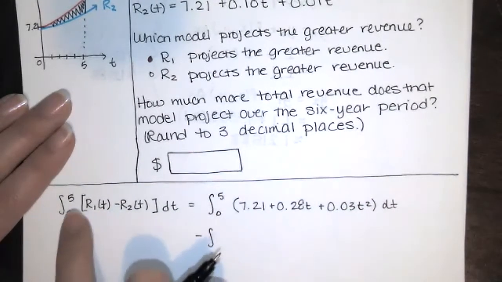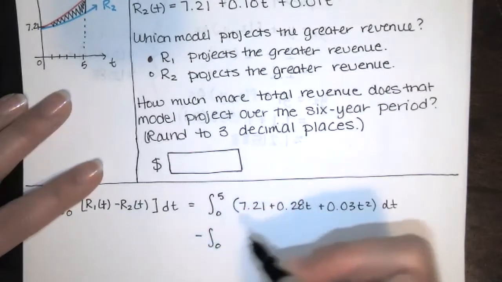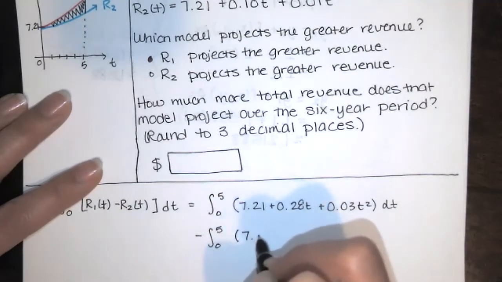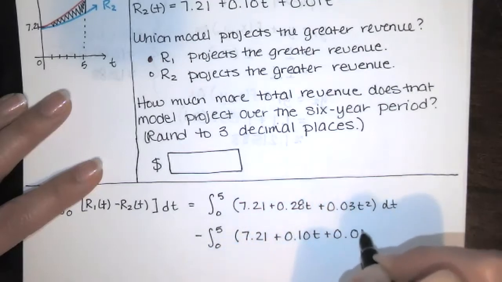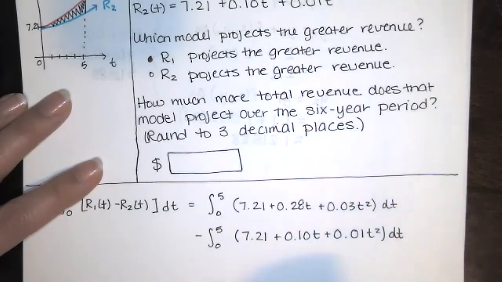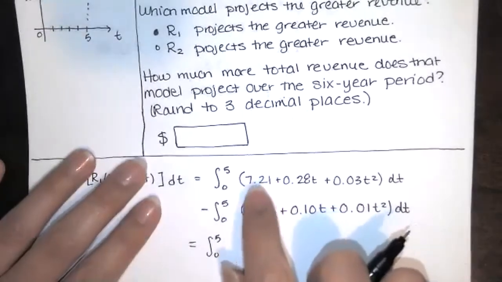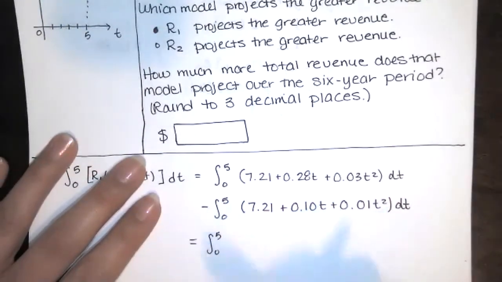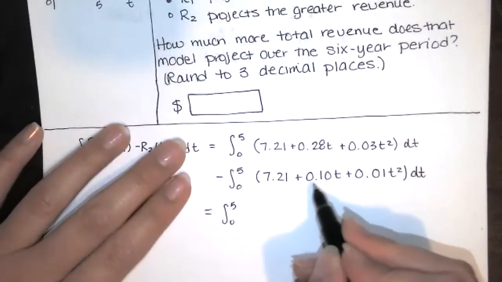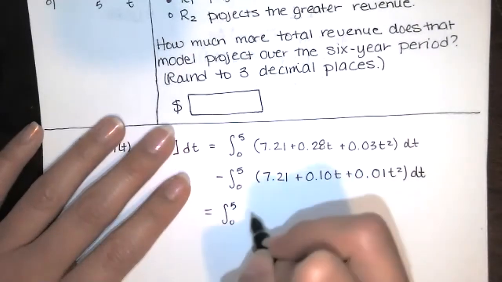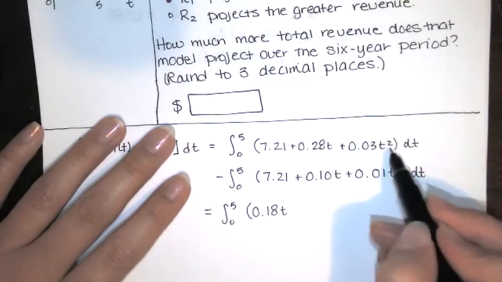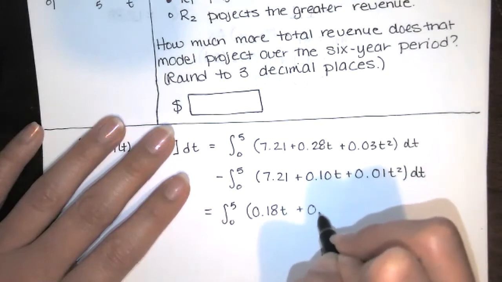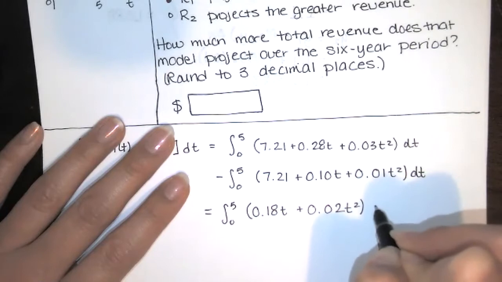So we're subtracting the integral from 0 to 5 of 7.21 plus 0.10 t plus 0.01 t squared. And we can actually subtract those integrands. I've got this minus this, so this minus this is 0. 0.28 t minus 0.10 t is 0.18 t. And then this minus this is 0.02 times t squared.